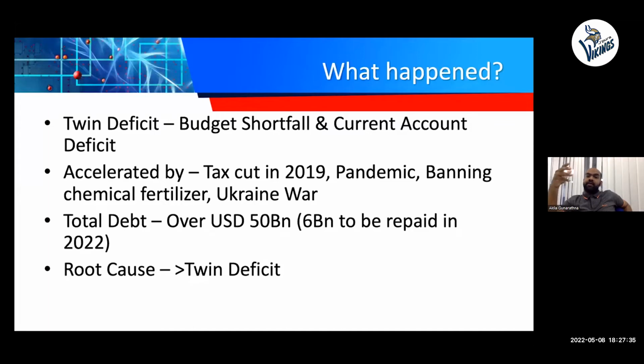And if you look at the power cuts, there was not enough fuel, because in Sri Lanka, power and electricity is mostly from coal and then from fuel. So renewable energy accounts for a very small percentage.